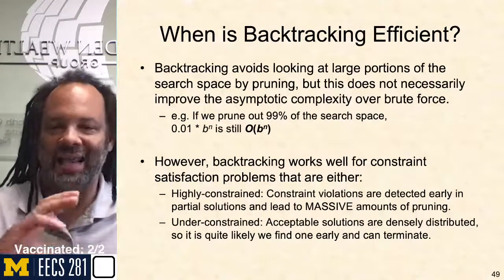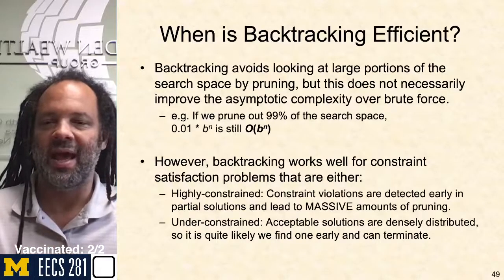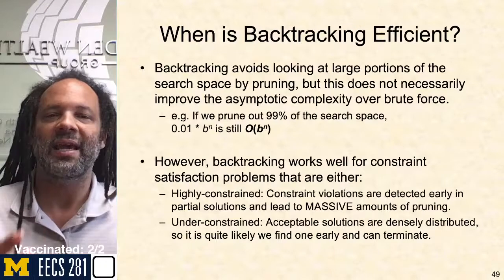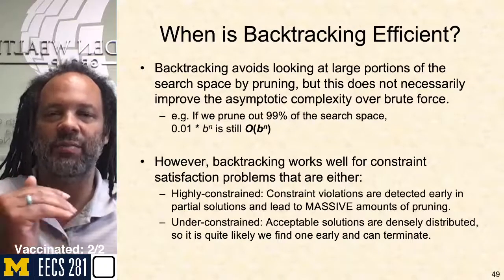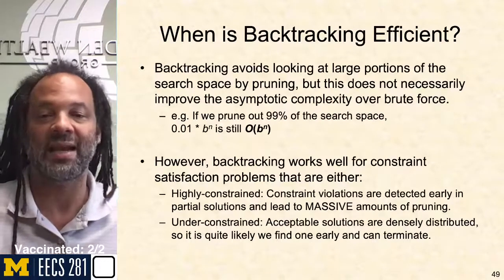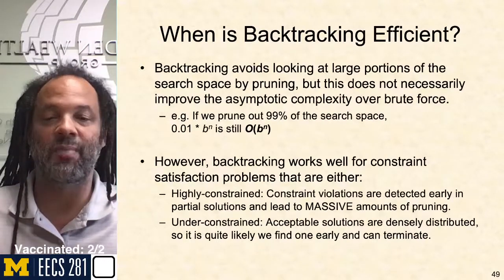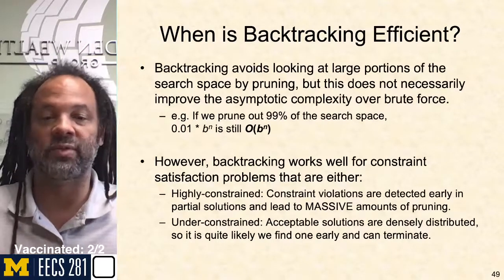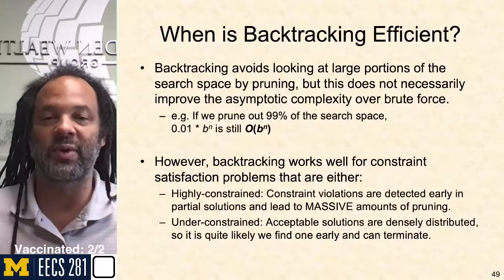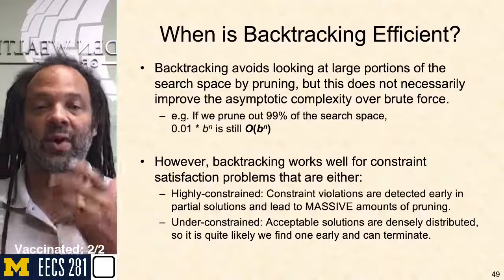Because when I've got a lot of constraints, then it's easy for me to violate a constraint. And a violated constraint is a tree section pruned. There's a part of the decision tree that I no longer have to investigate, because a highly constrained problem comes up with constraint violations all the time and cuts out bunches of the decision tree that we don't have to look at.